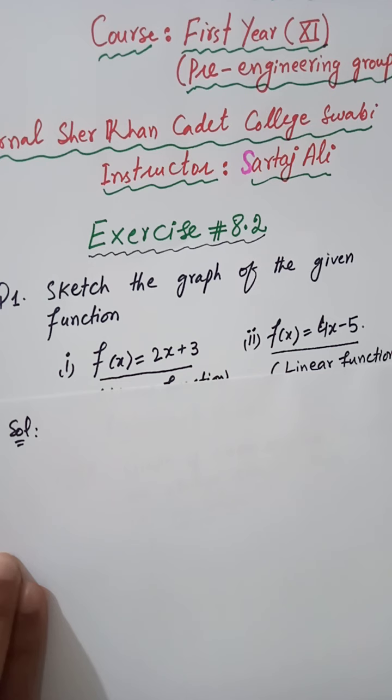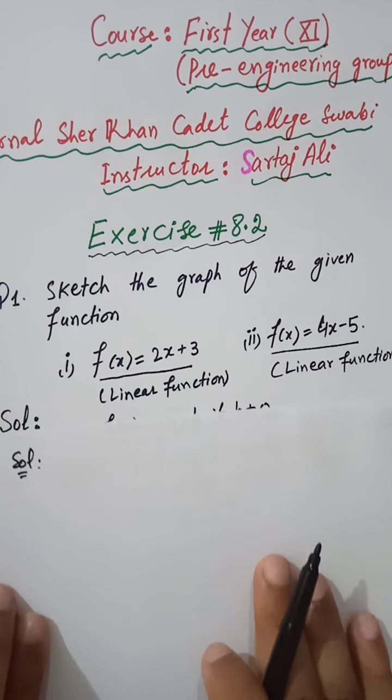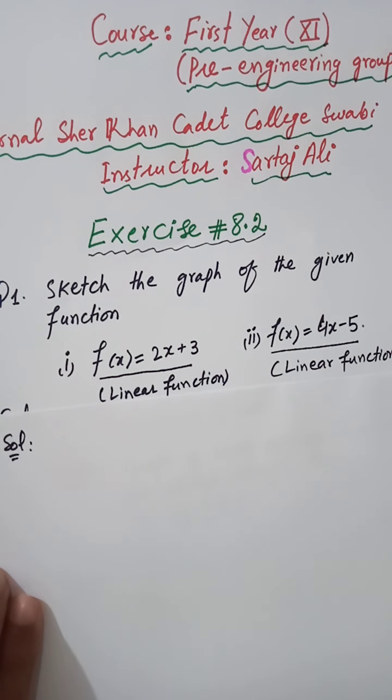That's why we can find a few of the ordered pairs, plot them in the plane and pass a straight line through those points. But what is the minimum requirement for sketching a line in the xy plane? The minimum requirement for a line is 2 points. So you need 2 points.